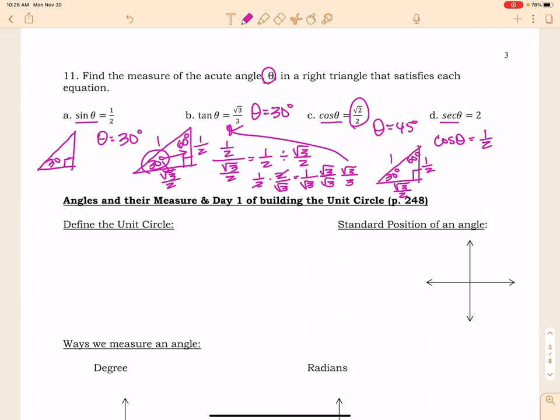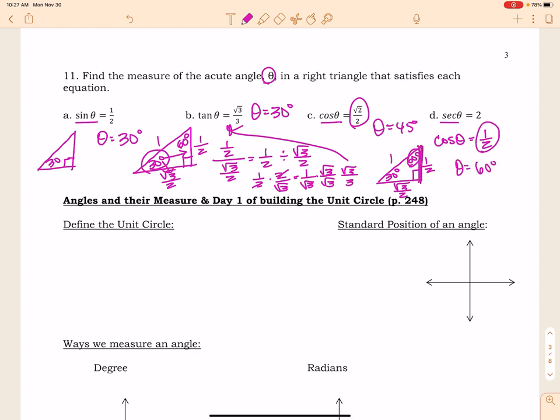Cosine of theta is adjacent over hypotenuse. So if that is the case, it's going to be 60 degrees, because this is the adjacent side right there. So theta equals 60 degrees.